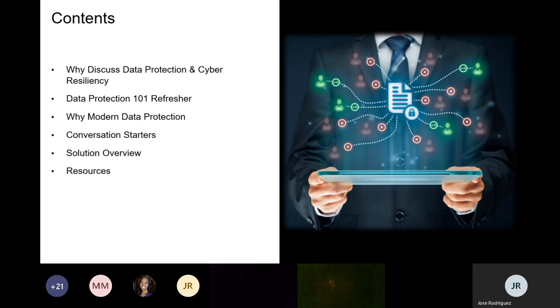Spectrum Protect. Okay. Some of you know it as TSM, Tivoli Storage Manager. It is basically, and I call it a data management solution, because it has more components than just backup and restore. It has the capability of providing WORM capabilities for what's being copied.